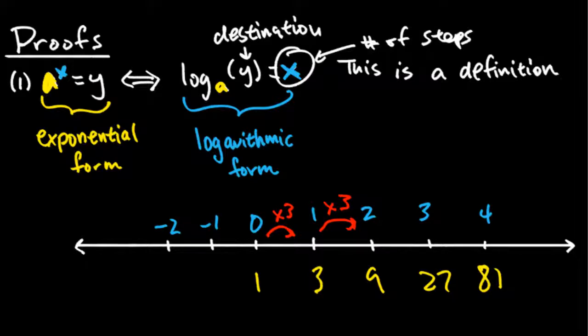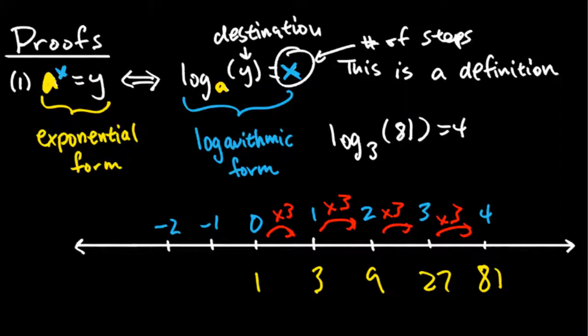If we're starting with 1 and we wanted to get to 81, how many steps do we need? The number of steps of multiplication by 3 is 4 of them. That's why you can say then that log base 3 of 81 is 4. Because this is also just saying 3 to the 4th is 81.